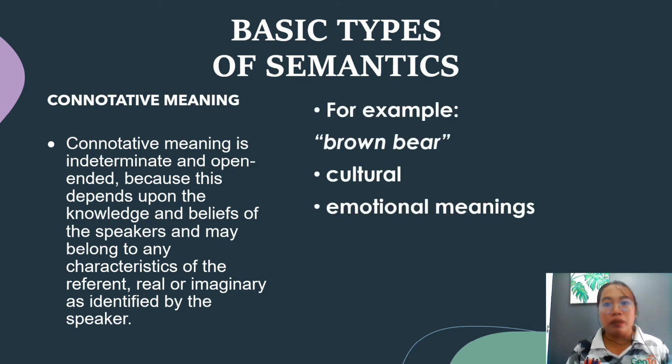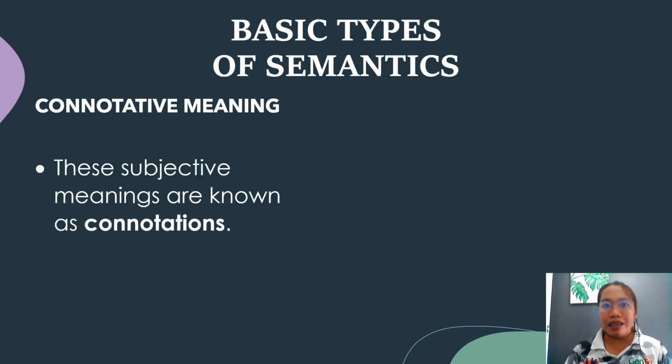For example, the noun phrase brown bear literally signifies a large omnivorous mammal known scientifically as Ursus arctos, but there are various cultural or emotional meanings attached to a word. It may provide one or more deeper levels of meaning. These subjective meanings are known as connotations.